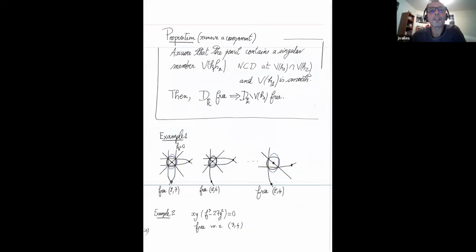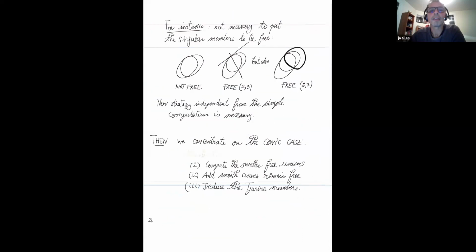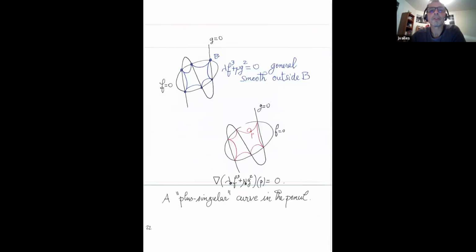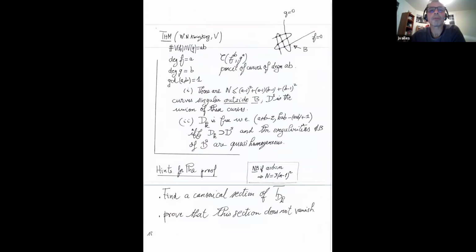No. The first result is only for regular pencils, but this one is for singular pencils. The singular pencil is given by F and G, where F and G are reduced polynomials, or even smooth curves if you want, but I could take some power, like F cube and G square.